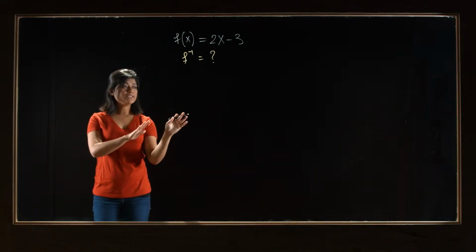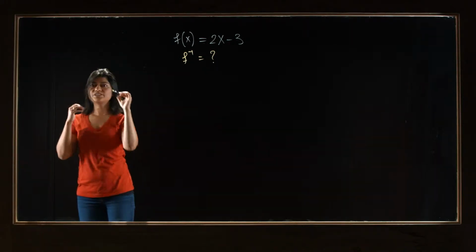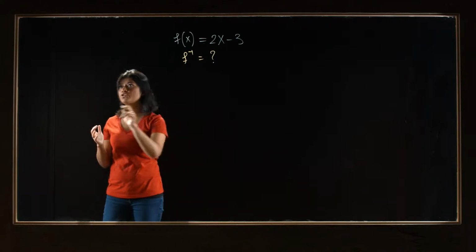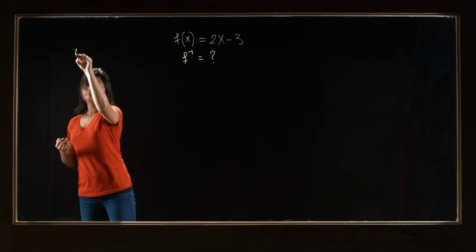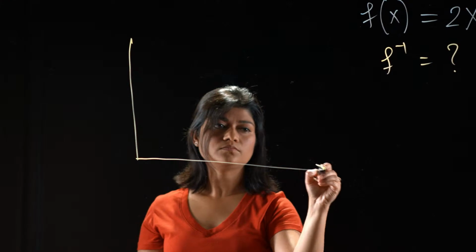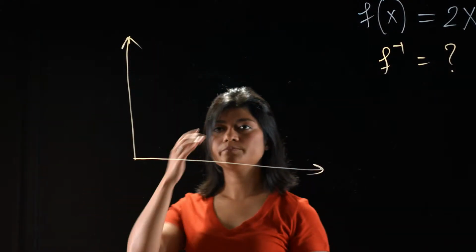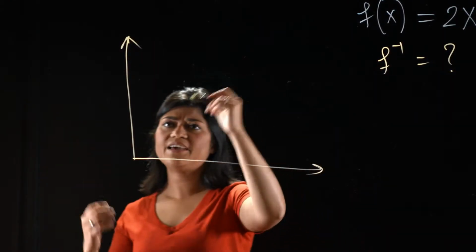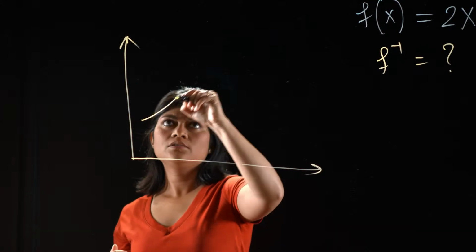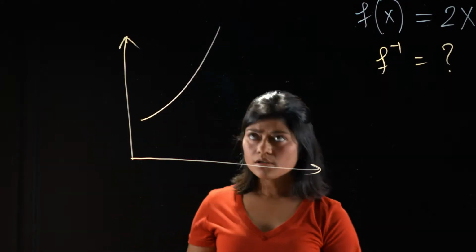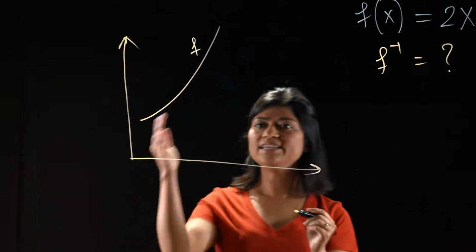Before we proceed, let's understand the two functions one more time graphically. So just roughly, say f is somewhere here. If this is f, what is f inverse?